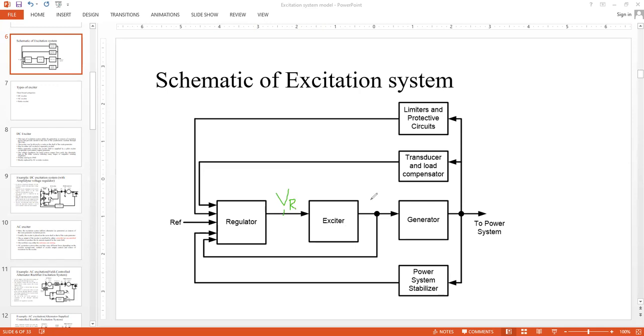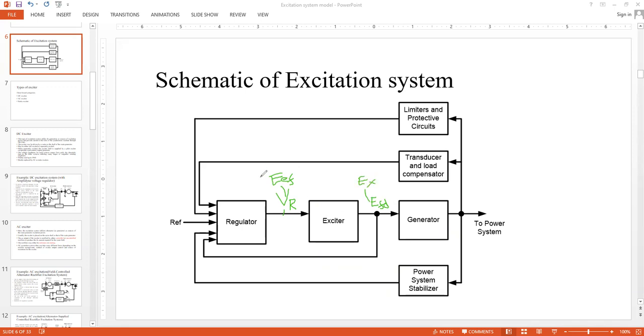And the output of the exciter, we call it EX, but we see here that it is actually being fed to the generator field. So simply we can write it as EFD. So the input is EEF, which in the big picture is coming from the regulator, and the output, which is EX, is going to the generator field.